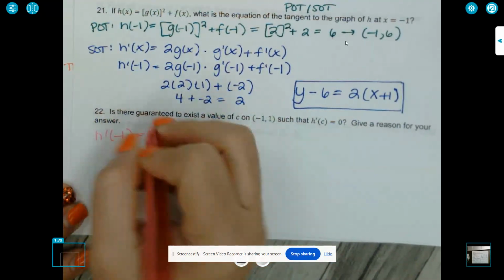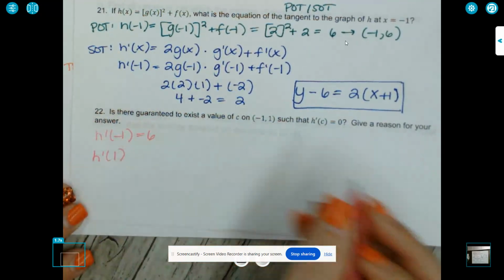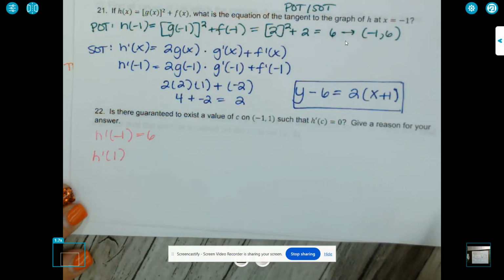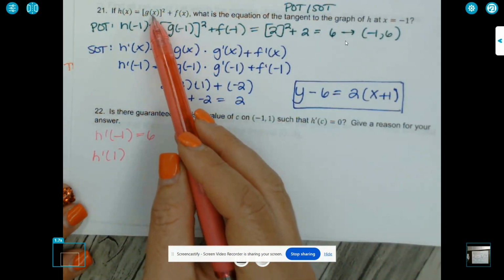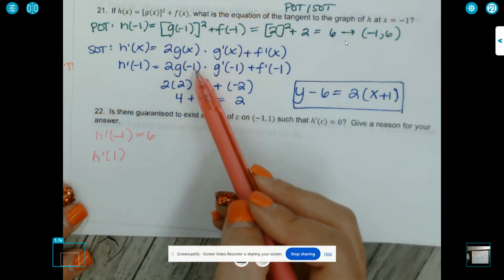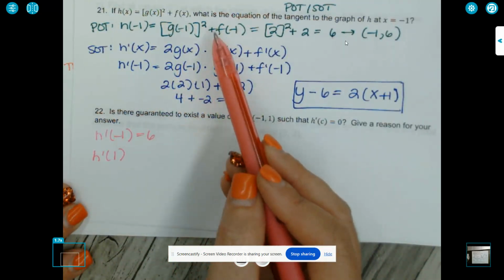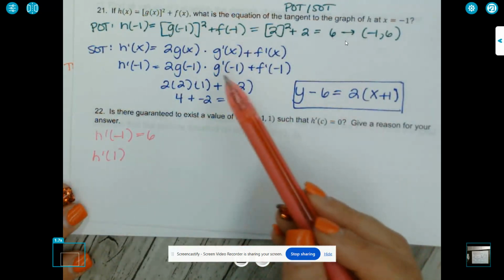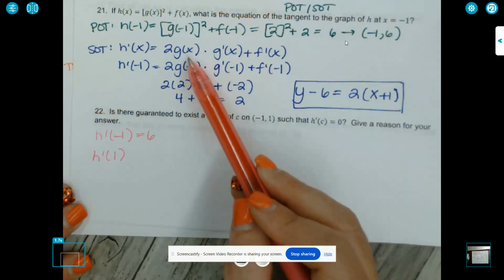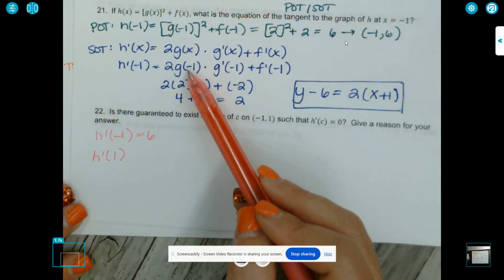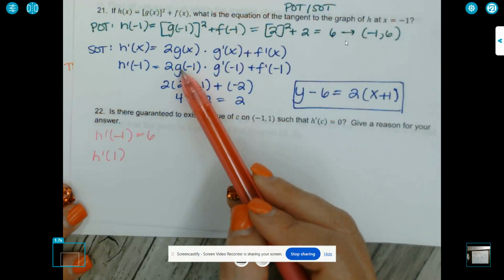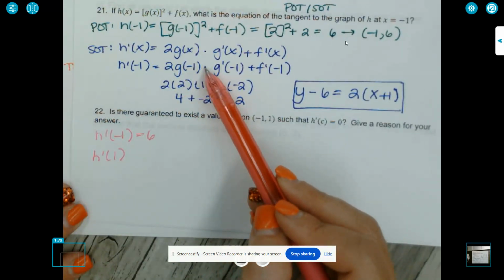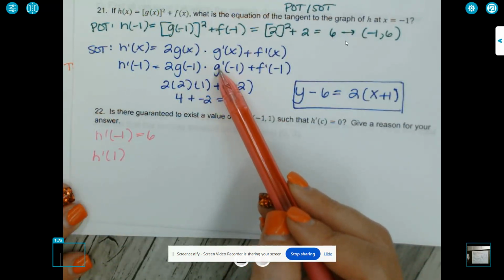And then h of 1 will be 2 times g of 1, so g of 1 is going to be -3. So 2 times -3 is -6. So g prime of 1 is going to be -5.